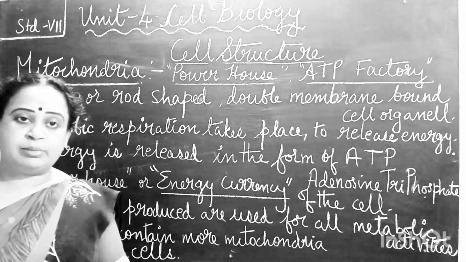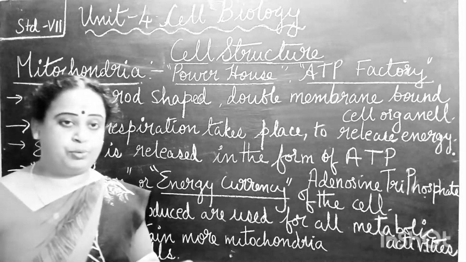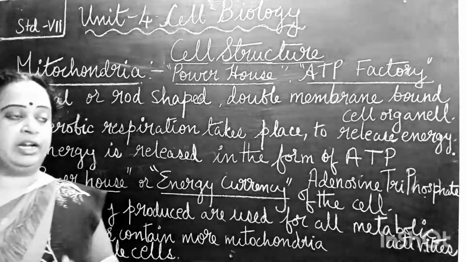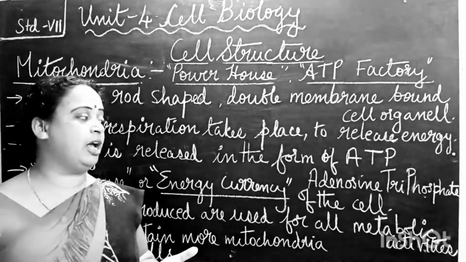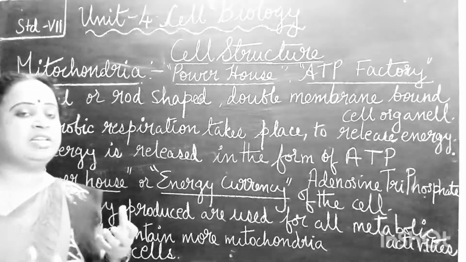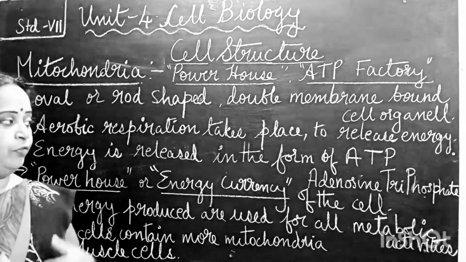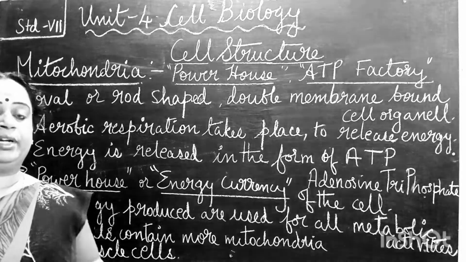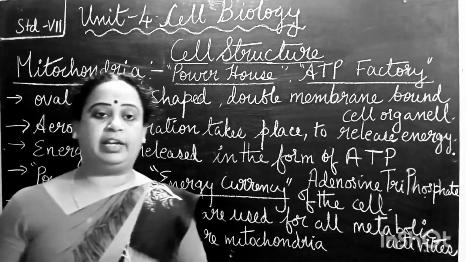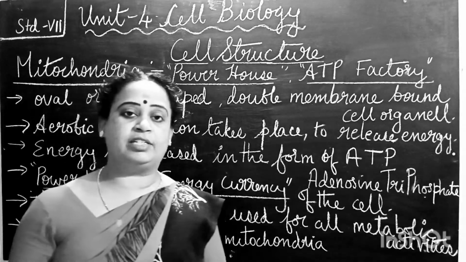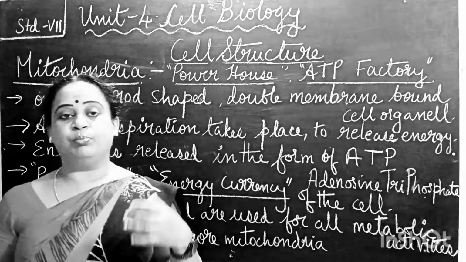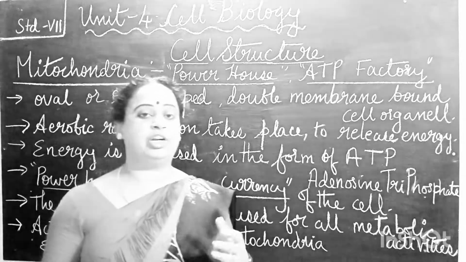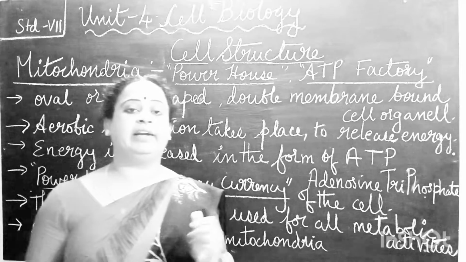So why does aerobic respiration take place? In order to release a greater amount of energy. What is this energy? Of course, it is the energy obtained from the food we eat. We all eat good food, and when we eat more nutritious food, definitely we get energy.